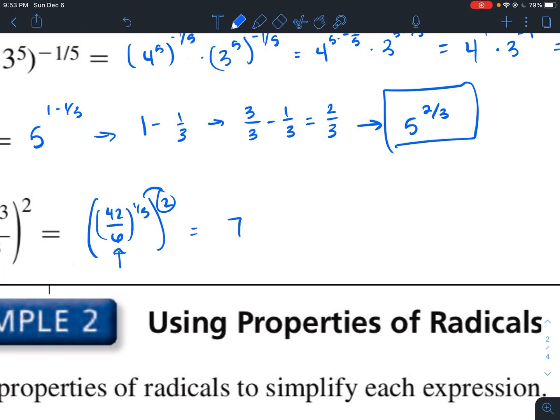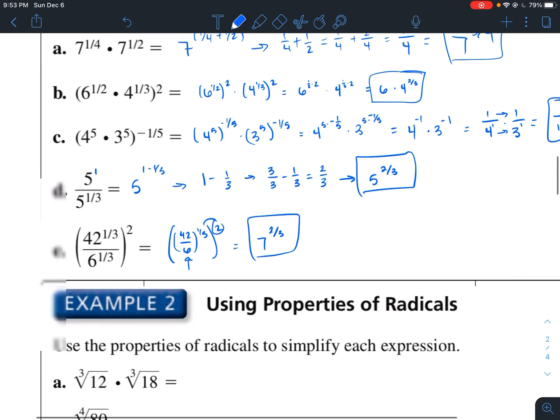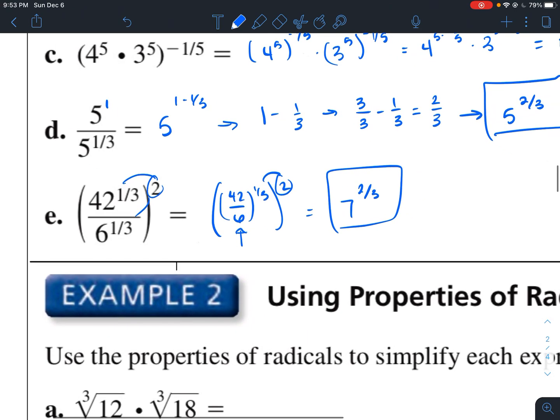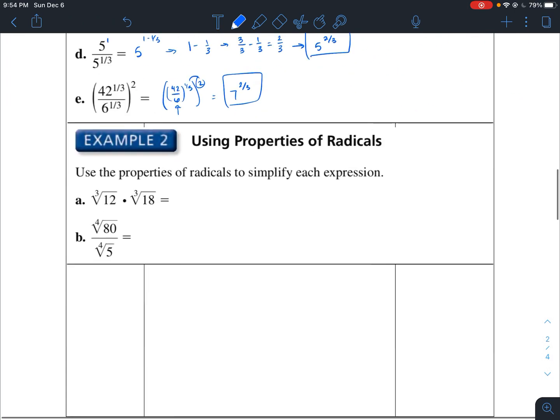So then this now becomes 7 to the 2/3. I could have done this in reverse. I could have distributed the 2 to the 1/3 first, and then done the same thing. So either way, I'm making the same steps, but in a different order.